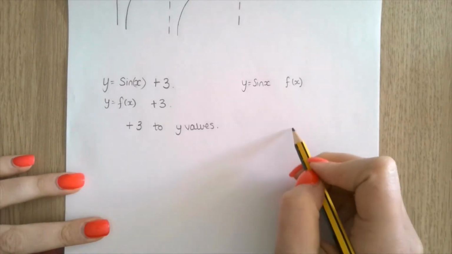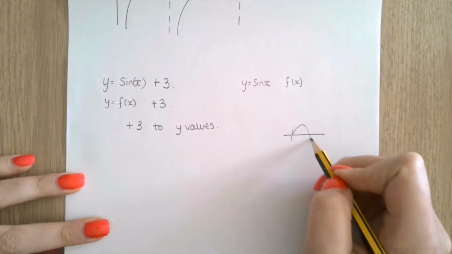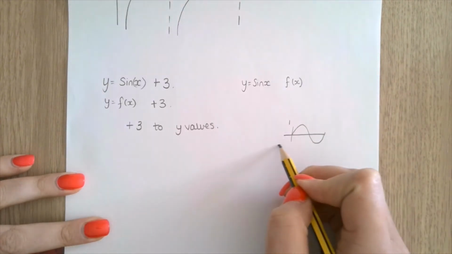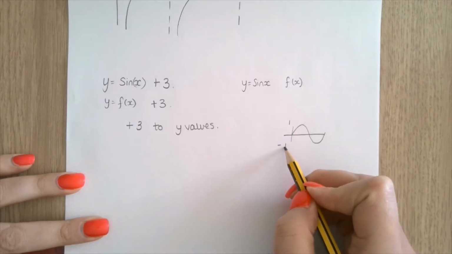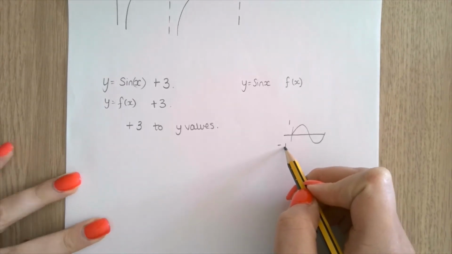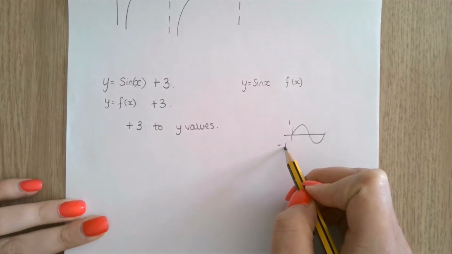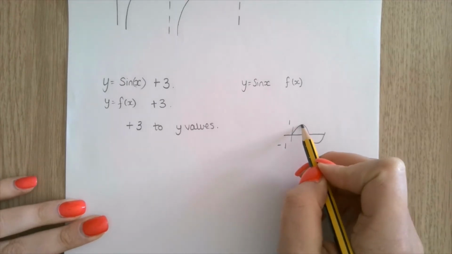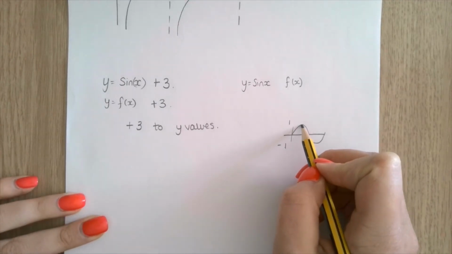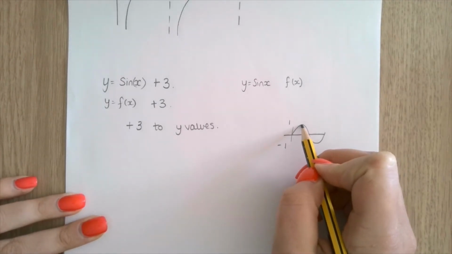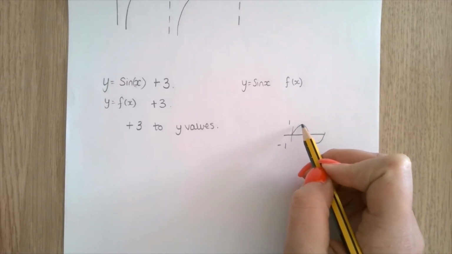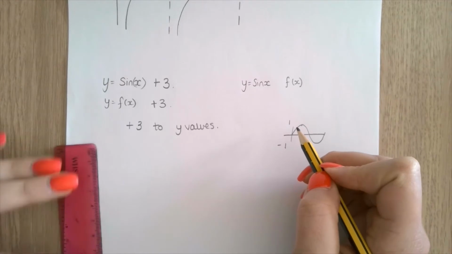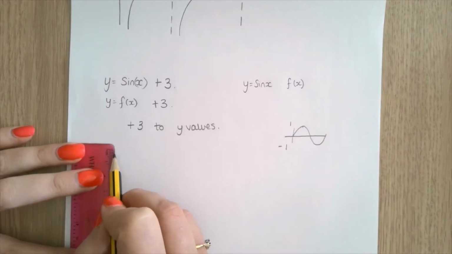My basic sine graph looks like this, where this is 1 and that's minus 1. So my minimum point now, by adding 3 to that negative 1, means it's going to now be at 2. And my maximum point, which would have been at 1, goes up by 3. So the y value for the maximum point will be at 4.